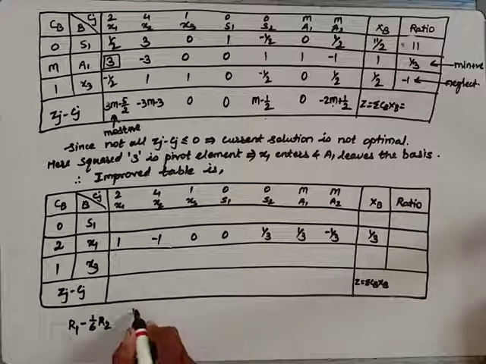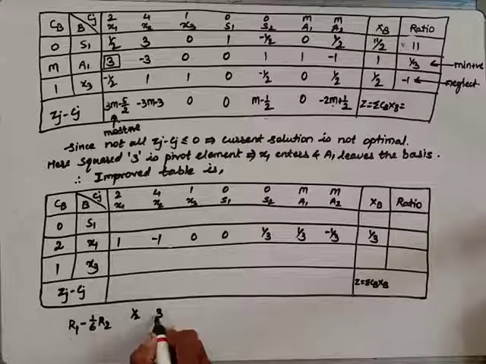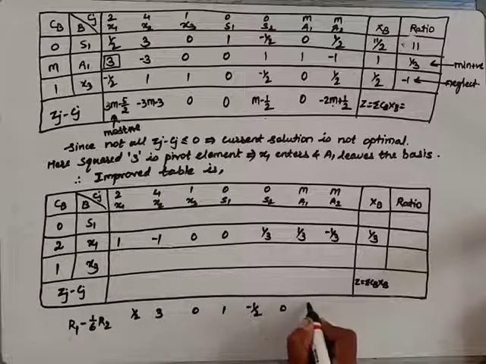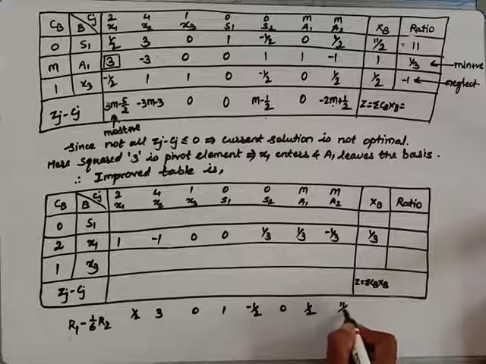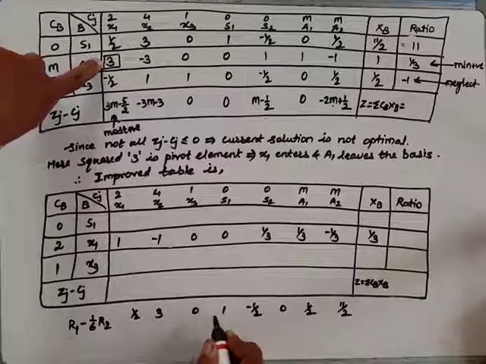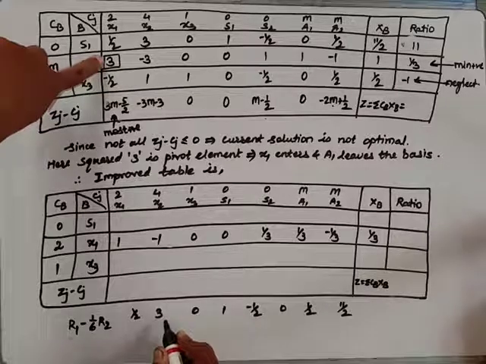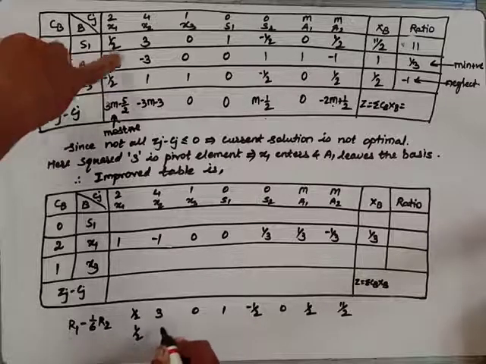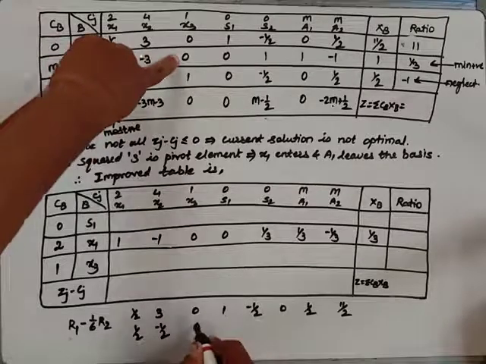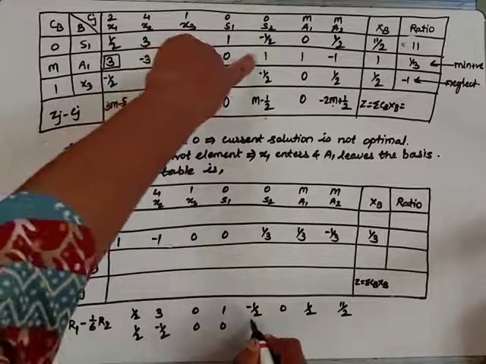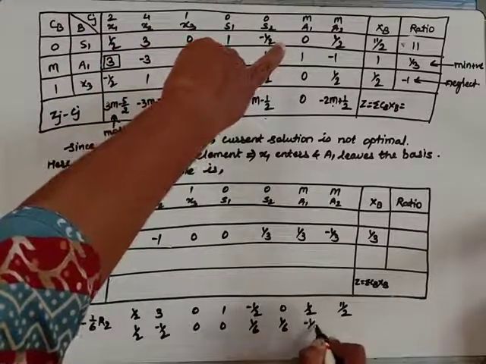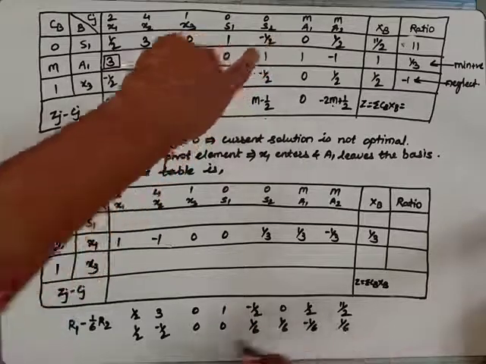So what are the entries of R1? 1 by 2, 3, 0, 1, minus half, 0, half and 11 by 2. This R1 minus this 1 by 6 times this. So 1 by 6 times 3 will be half. 1 by 6 times minus 3 will be minus half. 0, 0. This is 1 by 6. This is 1 by 6. This is minus 1 by 6. And again 1 by 6.